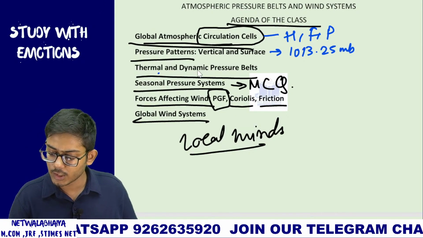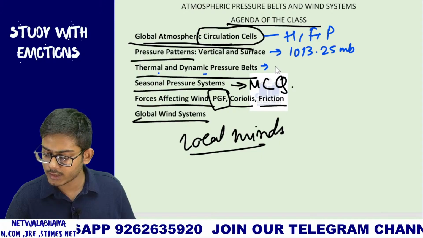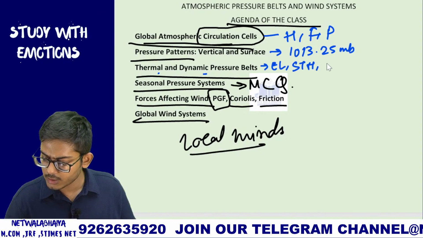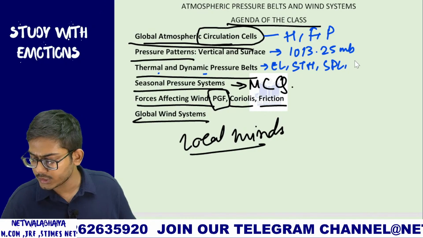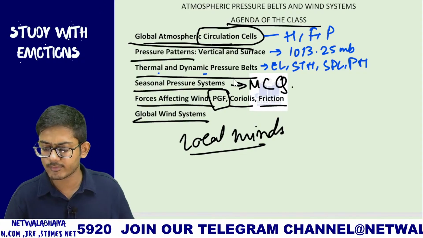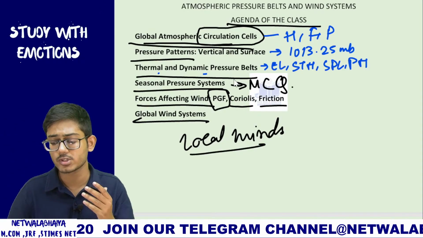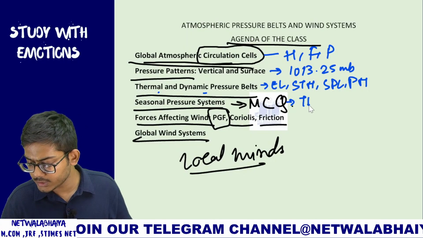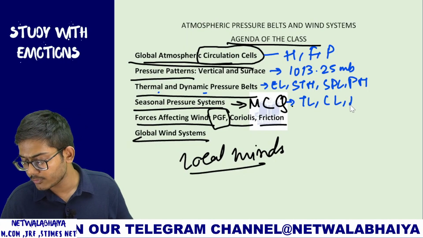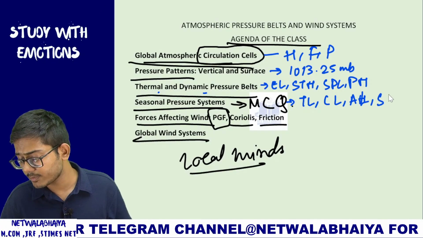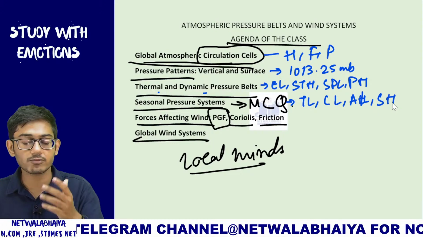And then the thermal and the dynamic pressure belts that were there, the equatorial low, the subtropical high, the subpolar low, the polar high pressure belts, all these things we were able to understand. Then the seasonal pressure systems that exist only in a few seasons, for example, your Tibetan low, the Colorado low, the Aleutian high, the Aleutian low, the Siberian high, and all these anomalies that we were able to see.